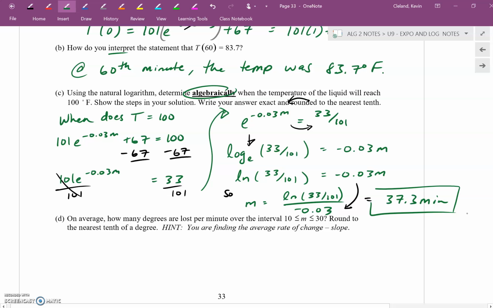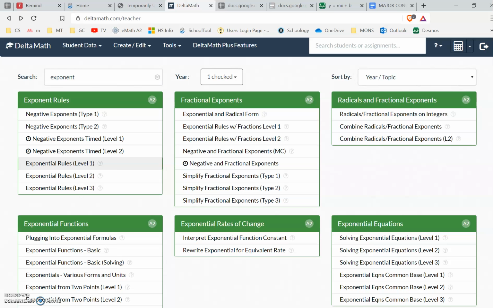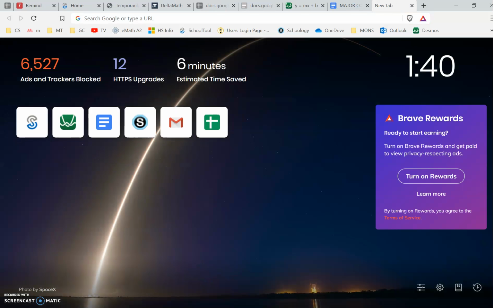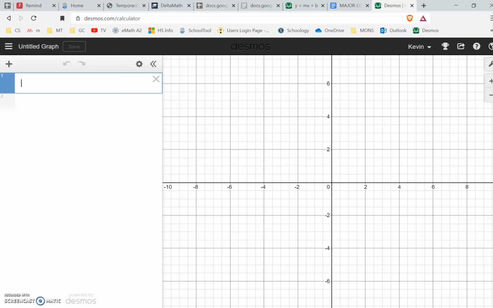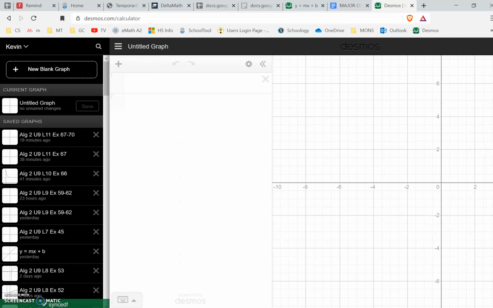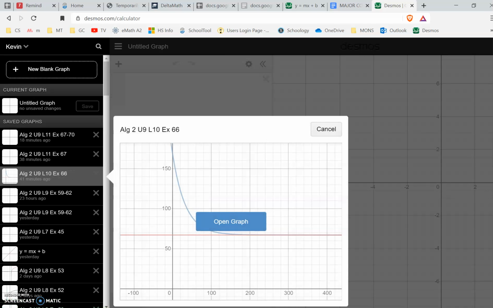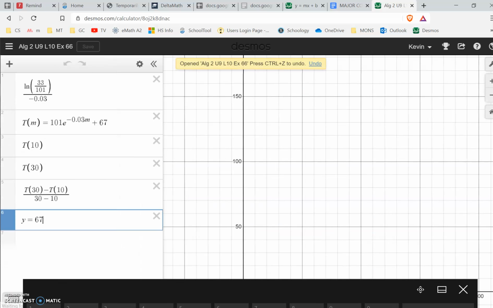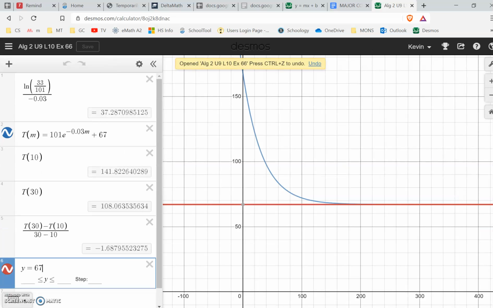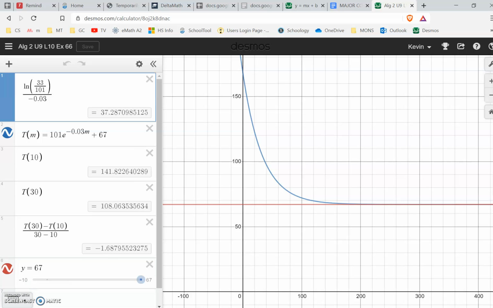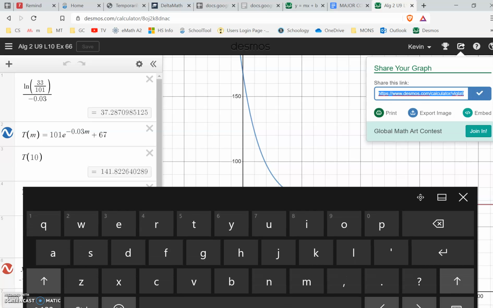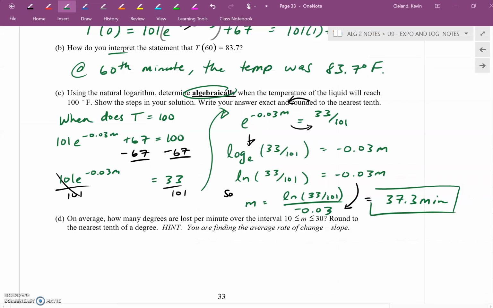Let's see if I can pull that up for you. That's there, this first calculation. Cool, let me copy that and embed it.